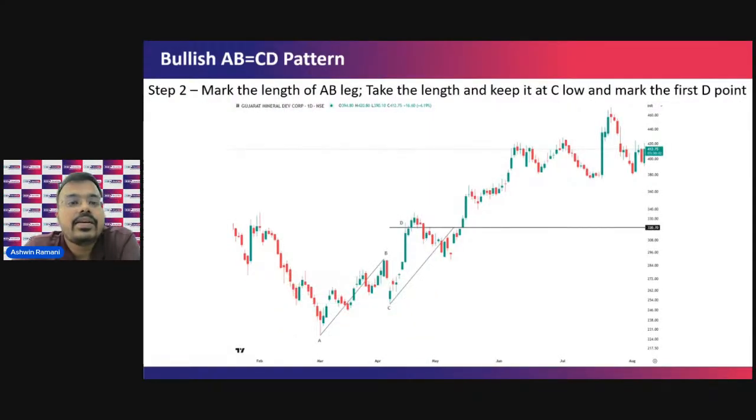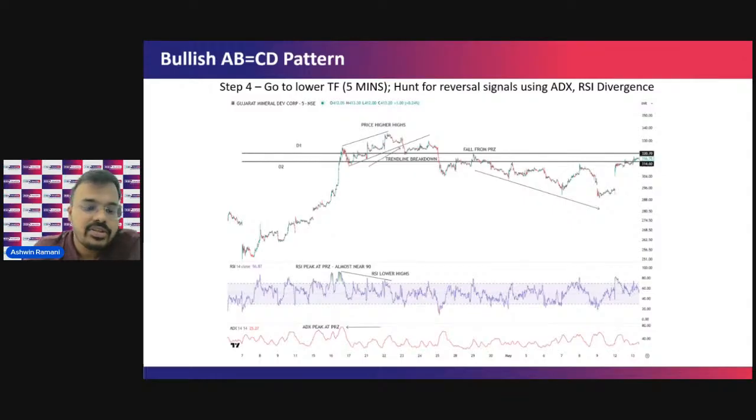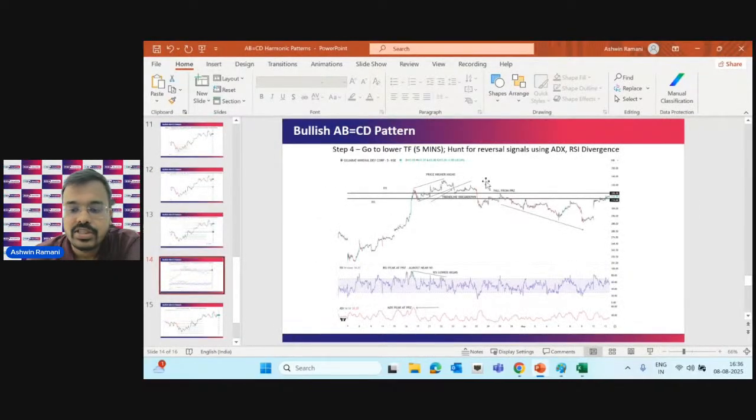Then we marked the length of AB with the trend line, Control C, Control V, kept it at the low of C, and we got where the D point is going to end. Then what did we do? We looked at the Fibonacci retracement that was 61.8%, and we took its reciprocal, 1.618. One D point is where AB equals CD in length, and we marked it there. The second, from the reciprocal of 61.8, which is 1.618, we marked as the second D point here. Okay. Now coming to the confirmation part here, let me go to the chart again.